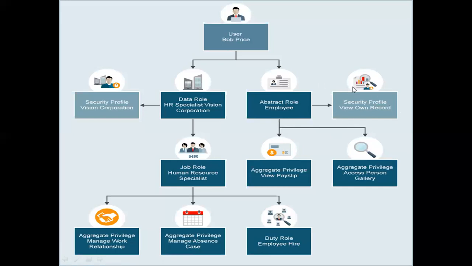That's all, nothing more than that. Only he can view his pay slip, or whatever information related only to this particular role. But here he has access for the whole thing because he's been assigned the data role of an HR specialist for the Vision Corporation. So you're clear till here.